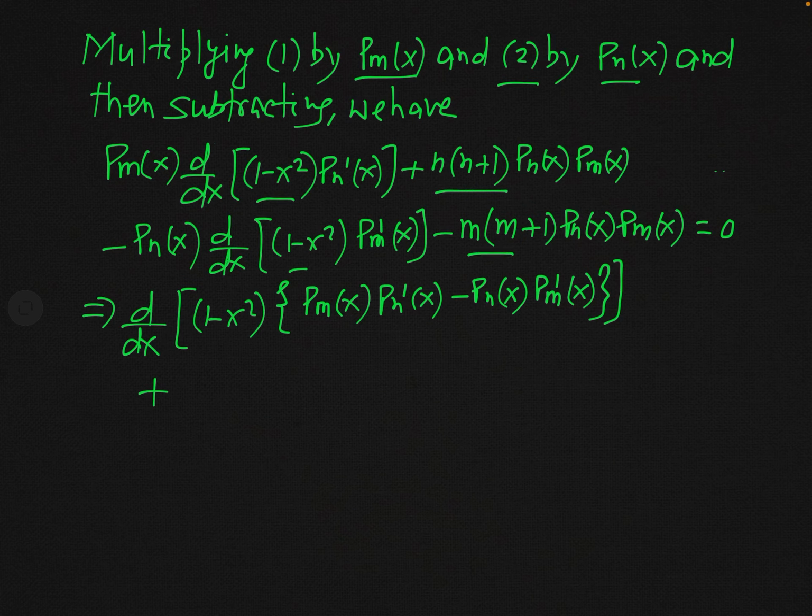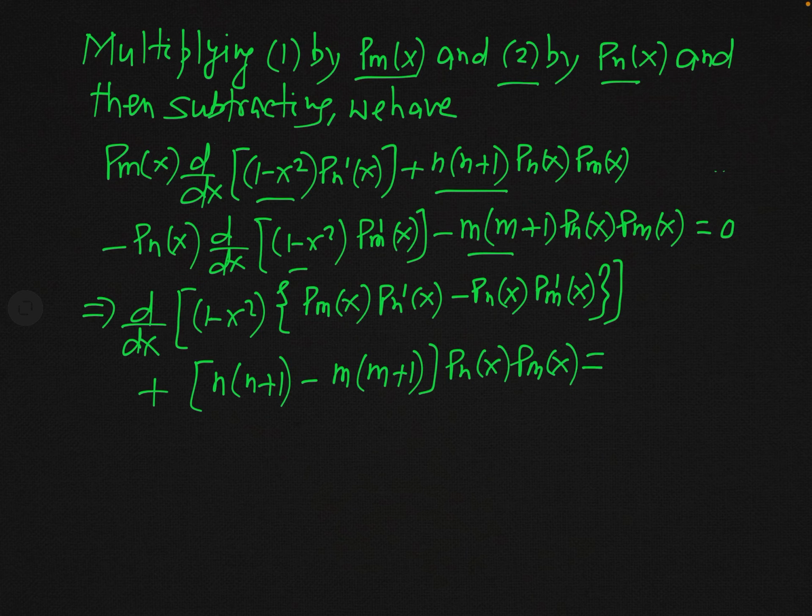So this will be simply n into n plus 1 minus m into m plus 1 into Pn of x times Pm of x, because this is a common factor, and this will be equal to 0.